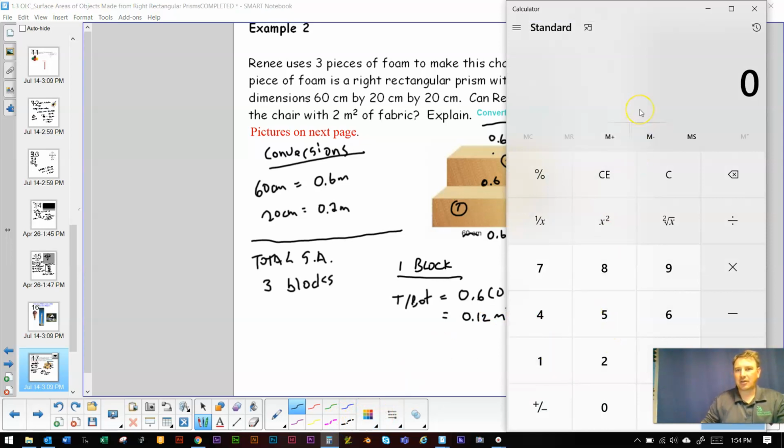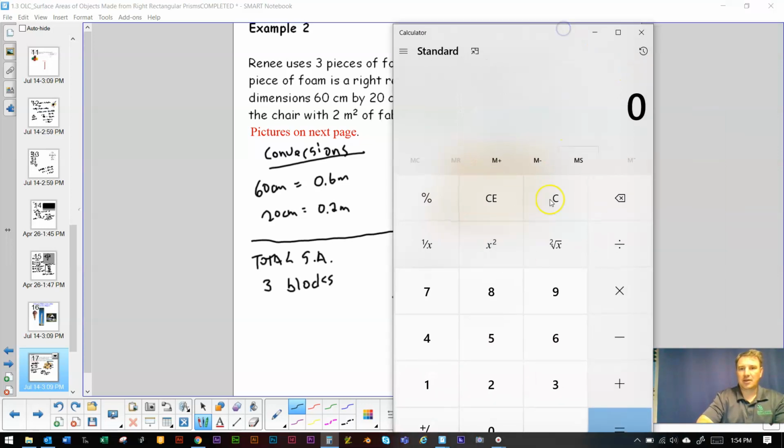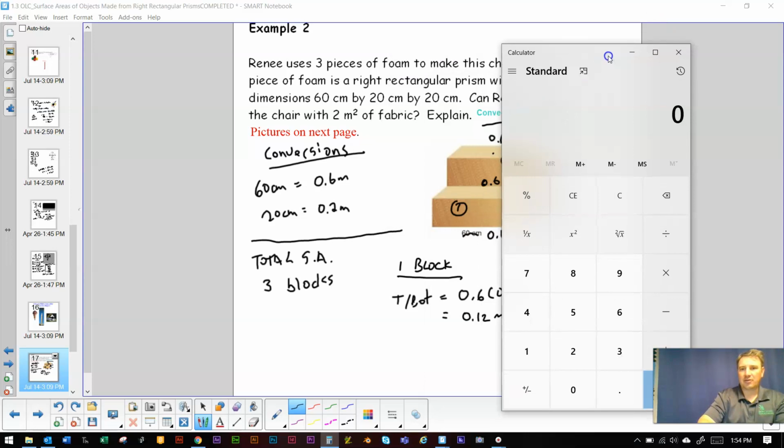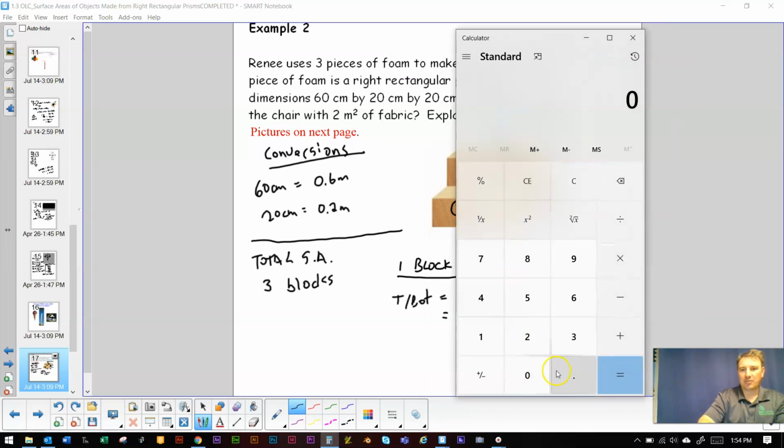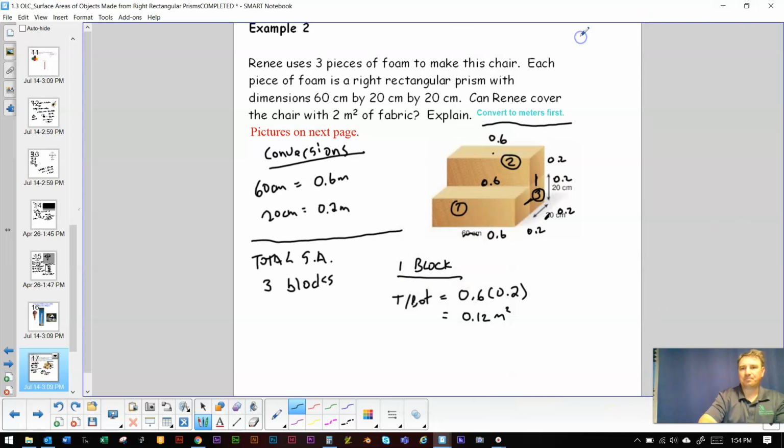Okay, so here's my calculator. Kind of a big calculator. I'm going to make it a little smaller. If I just check that on my calculator, it's 0.6 times 0.2 equals 0.12. So we're happy with that measurement, the top and bottom. Now what else have we got? We took care of the top and the bottom.